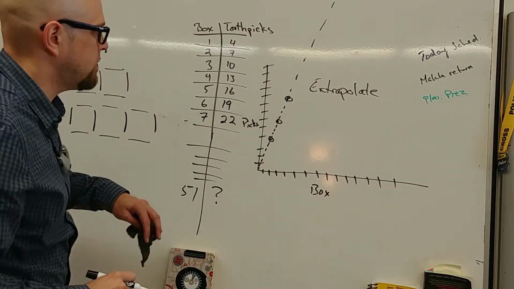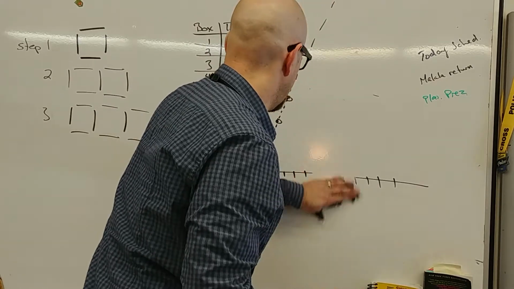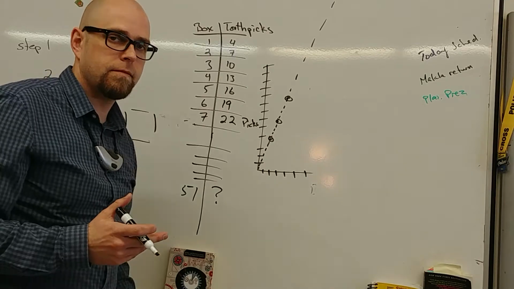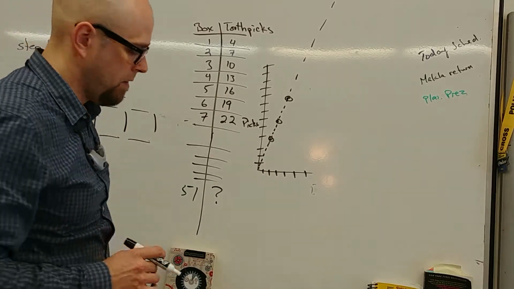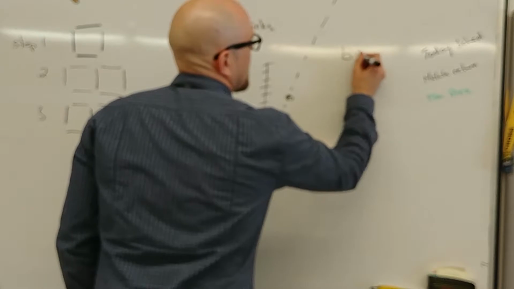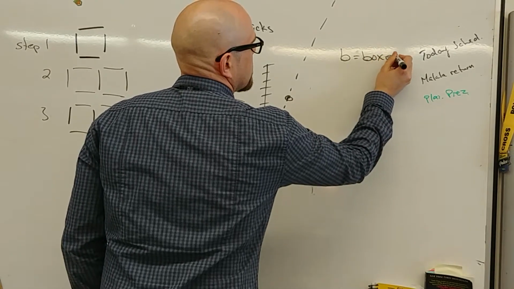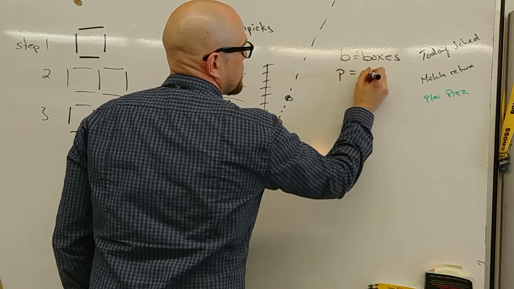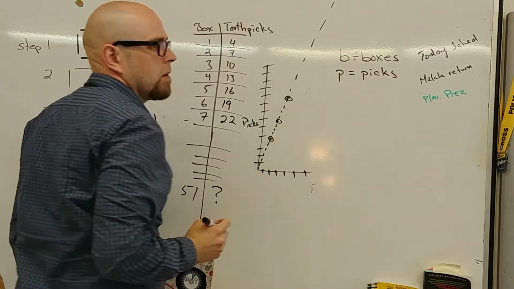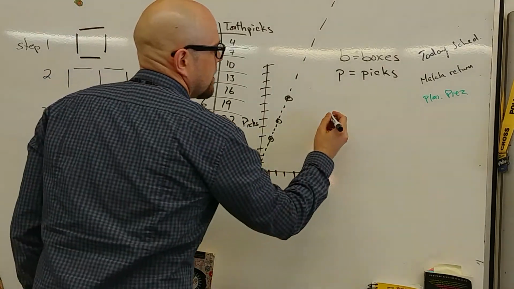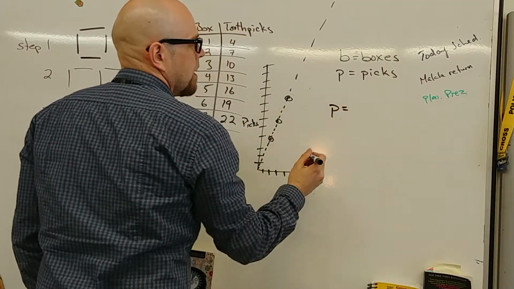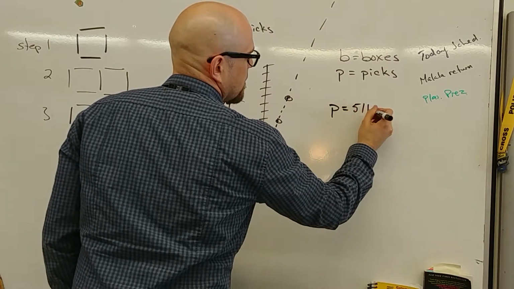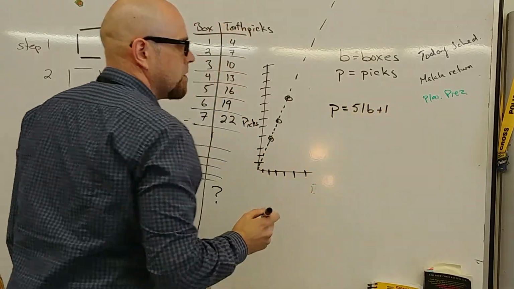Well, once kids could do all this, I would say, well, let's take it one step further. Can you come up with the algebraic equation? This would usually stymie them. Well, let's say B equals boxes, and P equals the number of toothpicks. So what I'm asking for them is, how many toothpicks, if I have 51 boxes plus the 1.